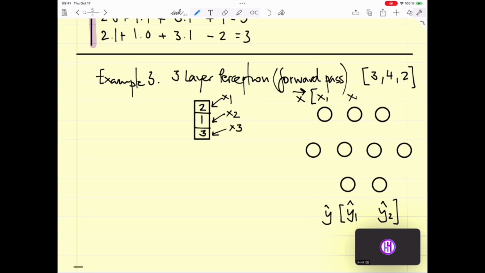X1, X2, X3. And the middle layer is what we call a hidden layer, okay? H. So this example is called a hidden layer perceptron, okay?